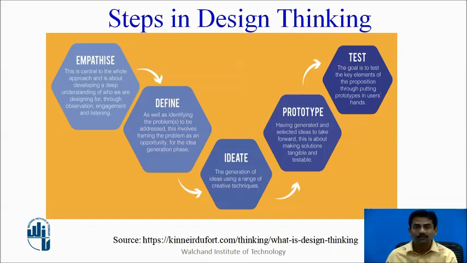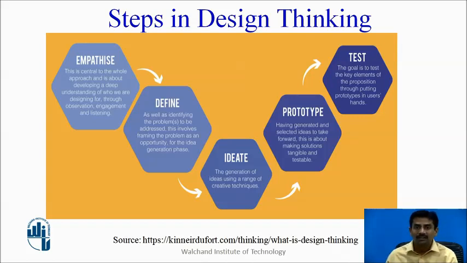Then comes the part of ideate. Ideate is nothing but generation of solutions for a particular problem. In prototype, we try to build a physical model from the solutions which we have finalized in the earlier steps.